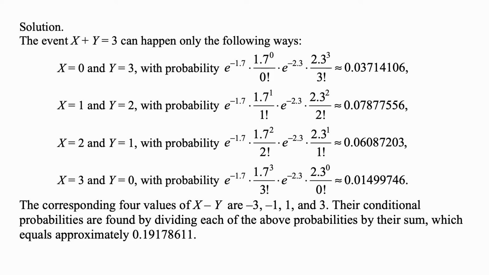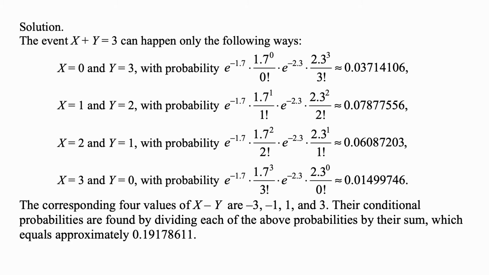And these two events are independent because X and Y are independent, so we can multiply probabilities. And this is approximately 0.037141006.